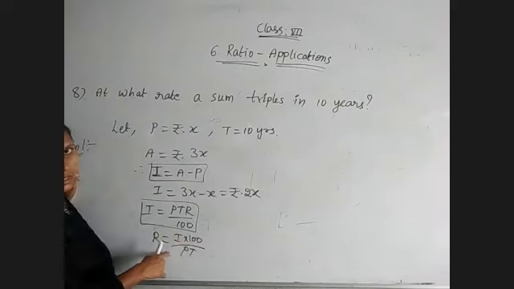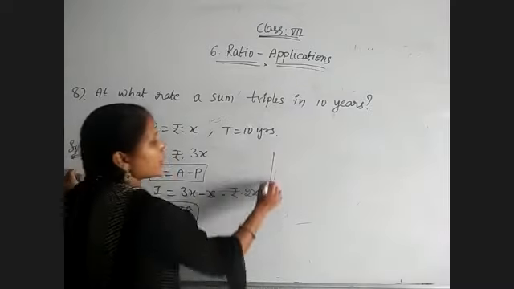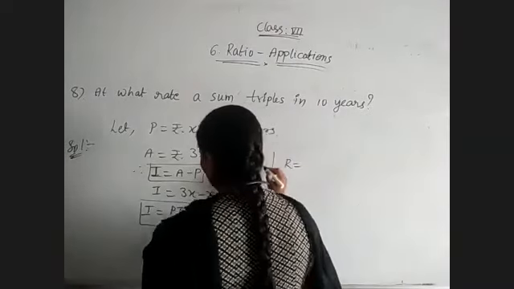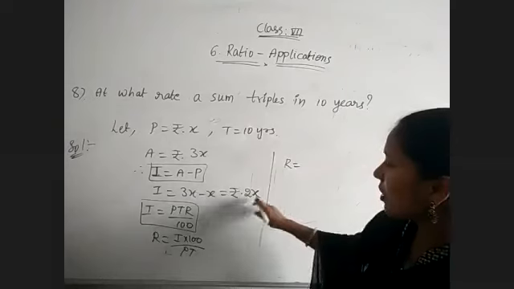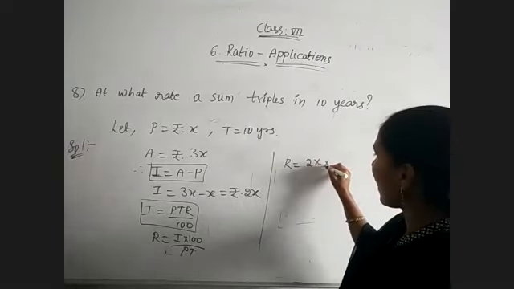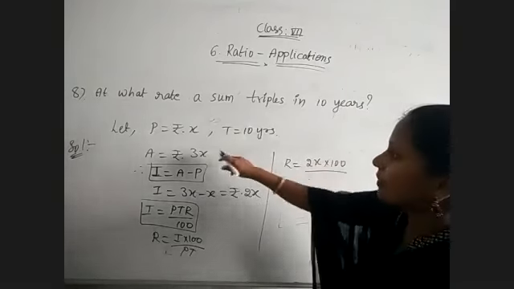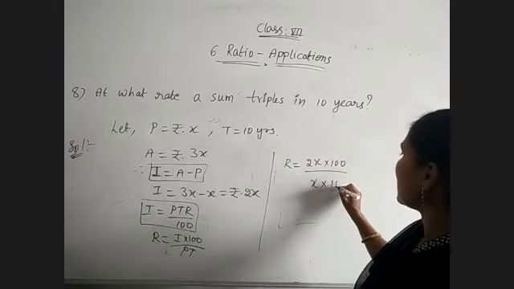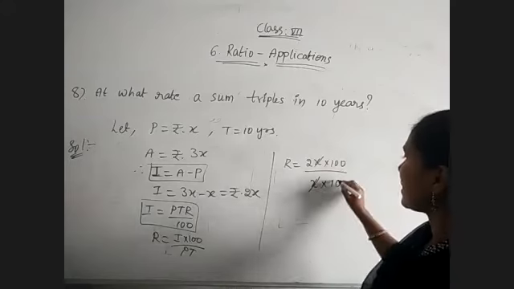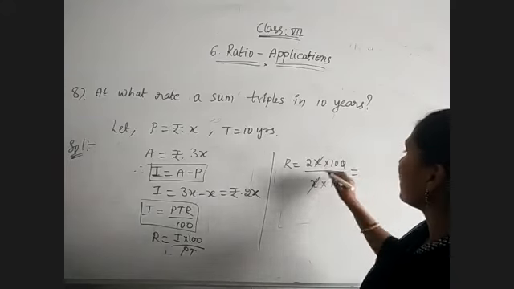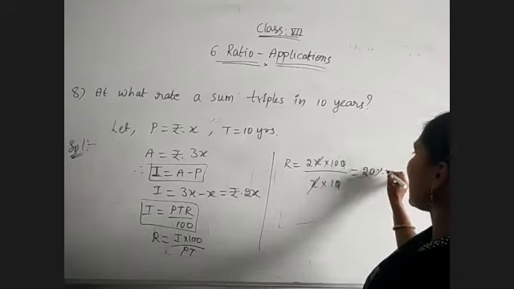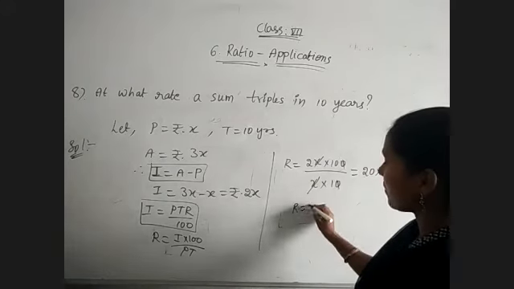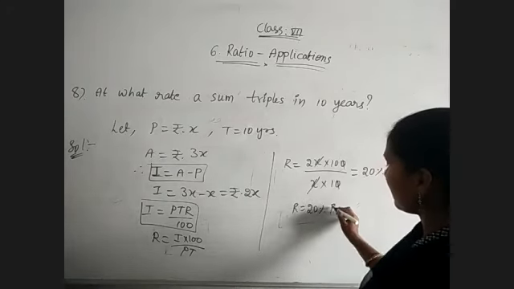So R is equal to 2x into 100 divided by x into 10 years. x will get cancelled, 10 will get cancelled. So 2 tens are 20% per annum. So the rate of interest is equal to 20% per annum.